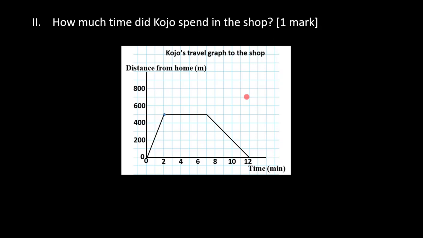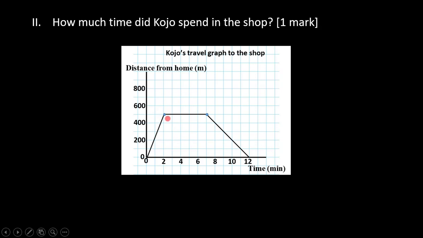A state of rest. And that is for when you are using a distance-time graph. So from this point here to this second point you see here simply represents the duration he must have rested.